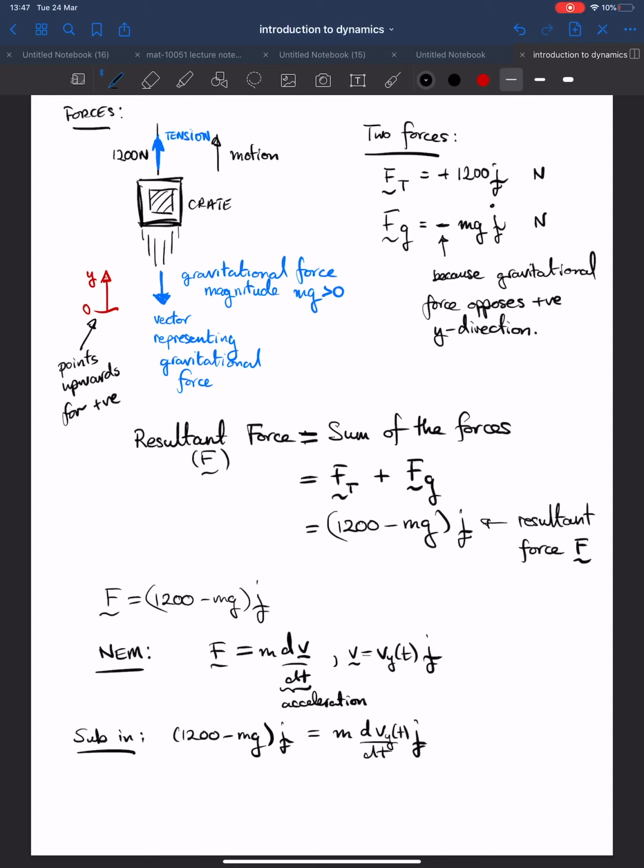Of course, this can only be equal if the coefficients of the j's are equal. So this gives us our differential equation. Wonderful. Don't forget that this is our acceleration.